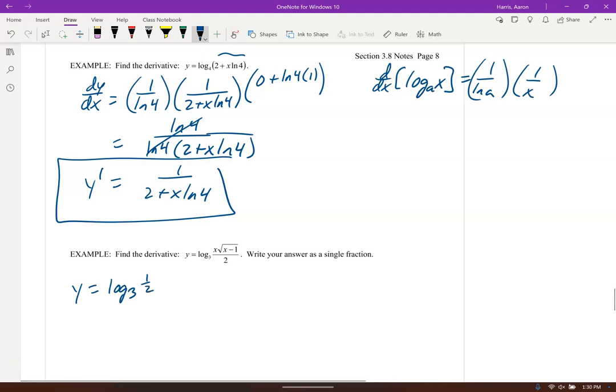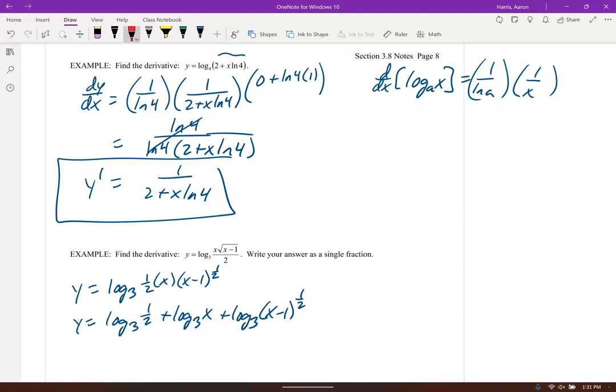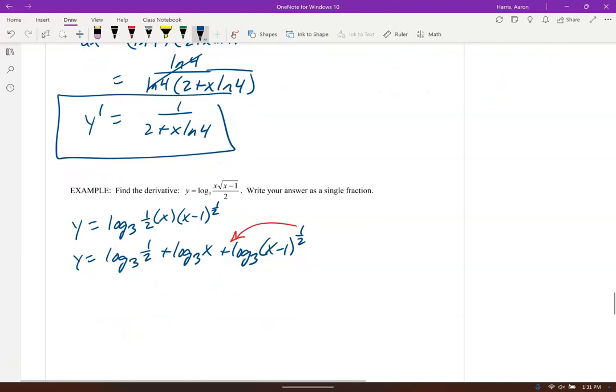I have a half times x times x minus 1 to the 1/2. There you go. So everything's just being multiplied there. So let's go ahead and rewrite that as log base 3 of a half plus log base 3 of x plus log base 3 of x minus 1 to the 1/2. We're going to go ahead and use the power rule of logs to rewrite that one before we take this derivative.